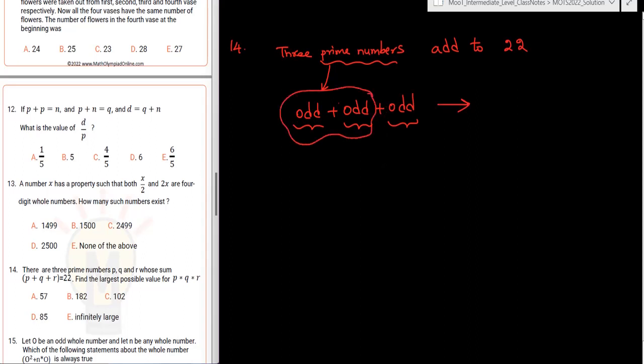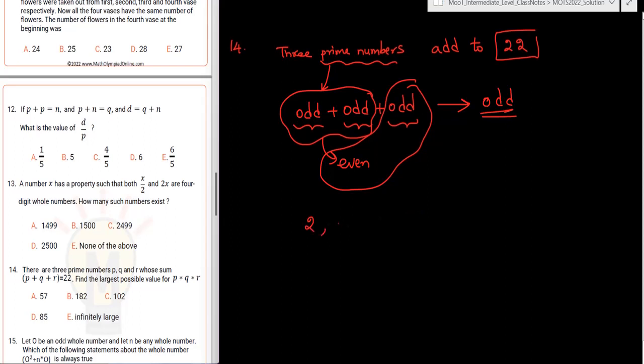You first do this, odd plus odd, that's going to give you even. Now you add even and odd, that is going to give you odd. Right? So the answer is going to be odd. But it is given that they all add up to 22. That is even. So this means the prime numbers are not all odd. There must be one even prime number. And the only even prime number is 2. So that means your prime numbers are 2, something, something. We don't know what the other two prime numbers are.